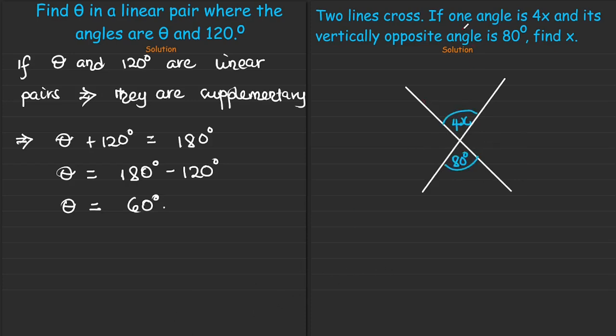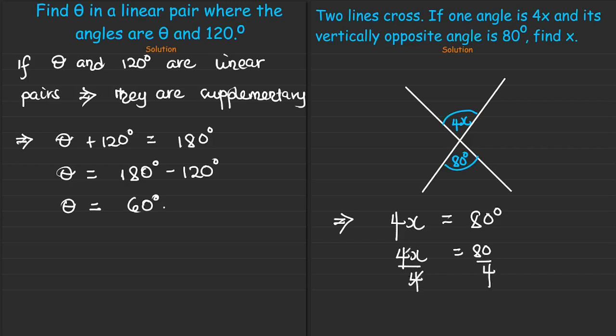Now the question said they are vertically opposite. So we should know what it means. When we say two of these angles are vertically opposite, it simply implies that 4x is equal to 80. That is the property of vertically opposite angles: they are equal. If 4x is equal to 80, and we want x, all we need to do is divide both sides by 4.